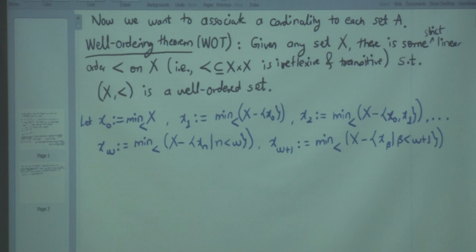Okay, so in general, now you can see what the pattern is. I can describe x alpha to be the minimum of X minus the collection of x beta such that beta is less than alpha, if X minus the collection of x beta such that beta is less than alpha is non-empty.